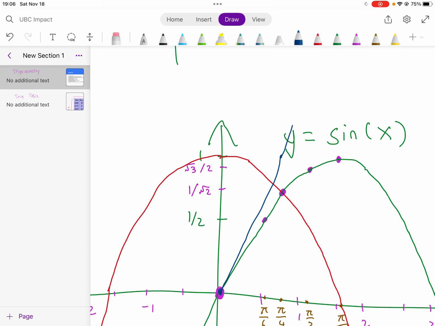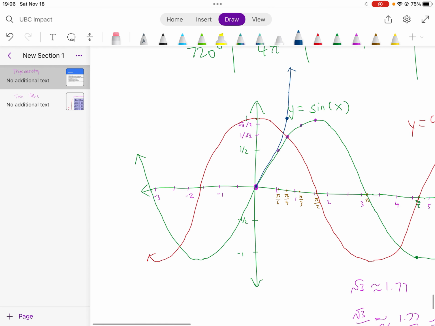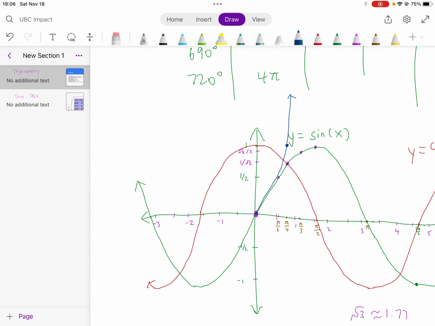After that, it keeps going up very, very quickly. This is exactly 1, and it goes up to infinity. The vertical asymptote is at pi over 2, right here.